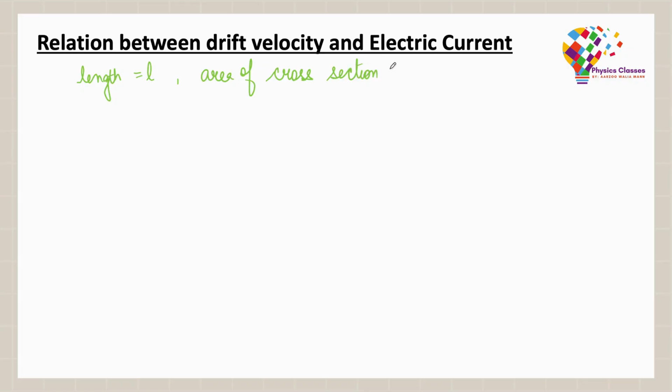Now I already know that if I want to write down the volume of the conductor, then the volume can be written as the area of cross section times the length of the conductor. So this would be A times L, that is AL. And we also assume that small n is the number of free electrons per unit volume.